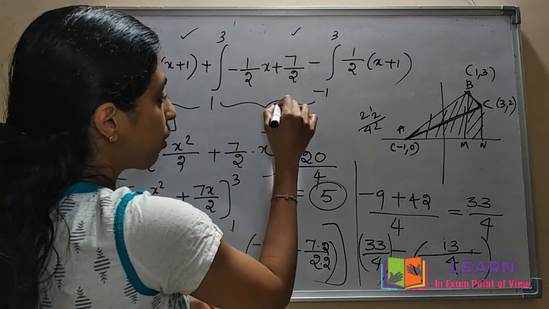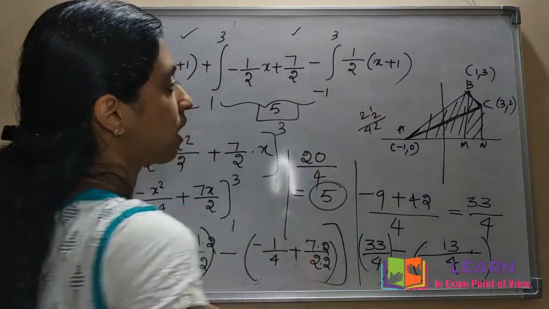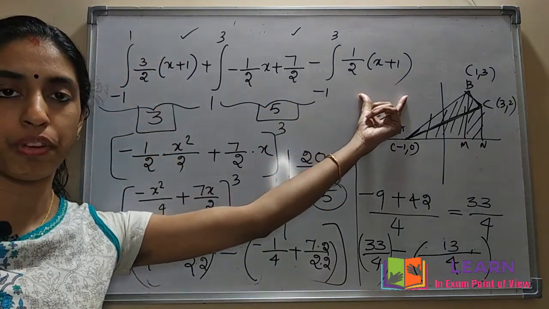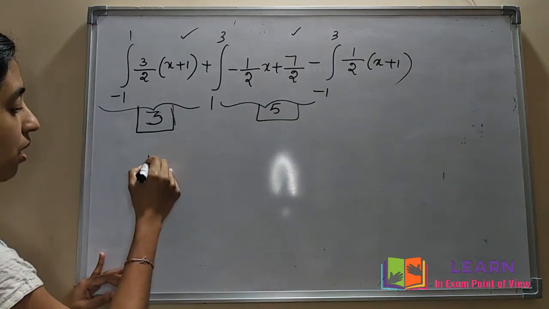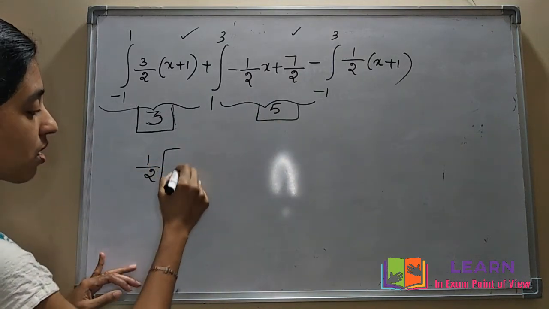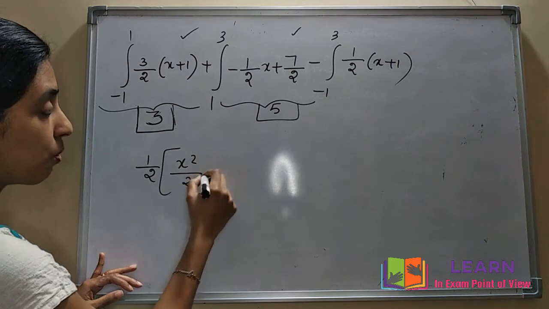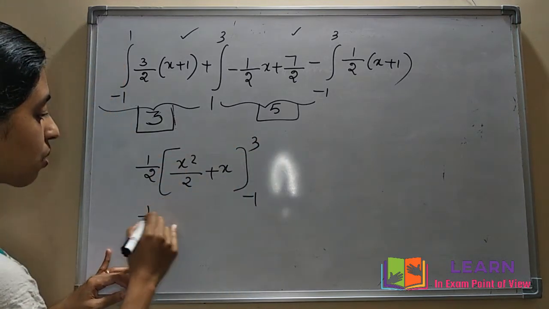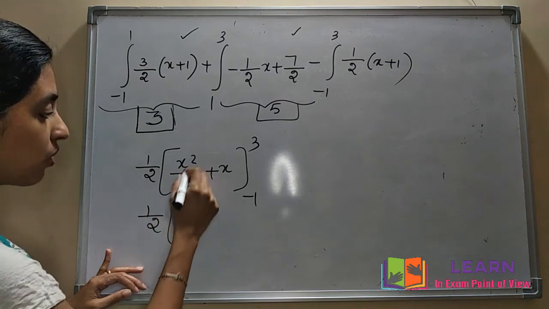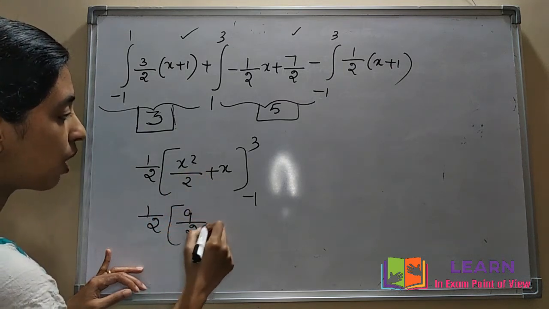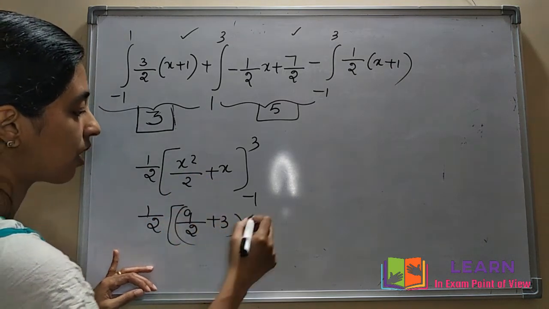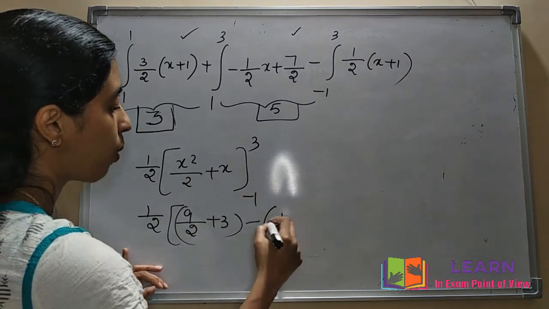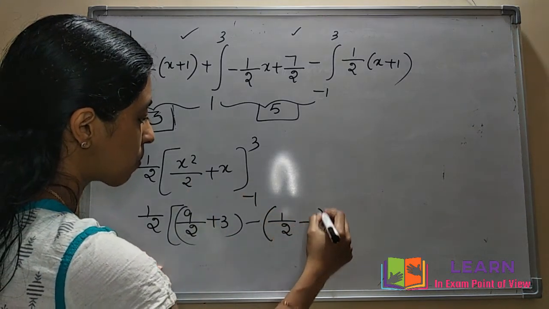For this part we got 5 square units, and finally this last part to simplify. So for that part, 1 by 2 you can take outside, x square by 2 plus x within the limit minus 1 to 3. So 1 by 2, then the upper limit 3 square, that is 9 by 2 plus 3, minus the lower limit 1 by 2 minus 1.